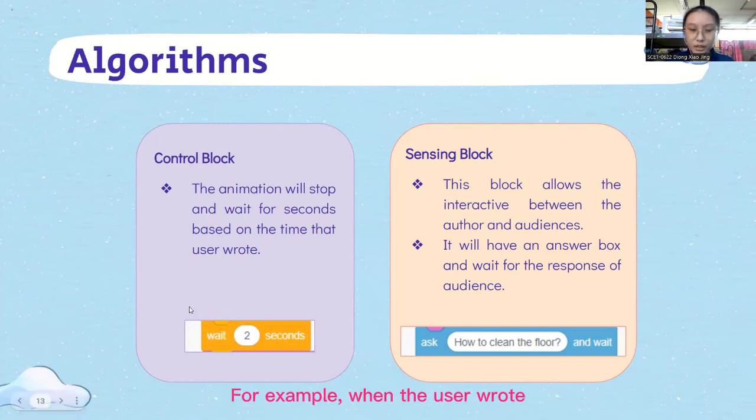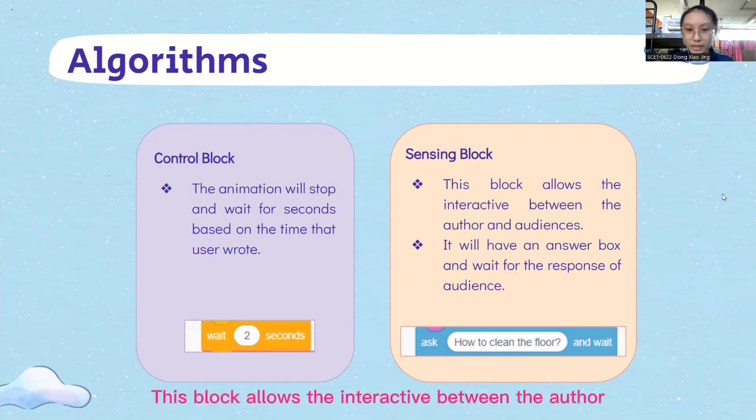For example, when the user wrote 1 second, the animation will stop and wait for 1 second. Next, the sensing block. This block allows interaction between the author and audiences. It will have an answer box and wait for the response of the audience when this type of block exists.